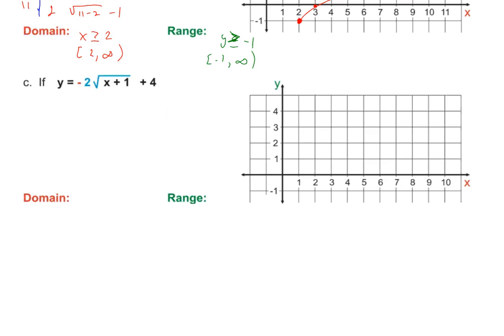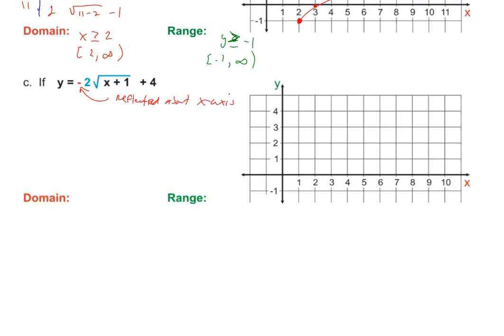All right, so let's look at the next one. Now we got a couple different things. We got a 2 in front, but not only a 2 in front, we got a negative in front as well. So what does the negative do? Reflected about which axis? The x-axis. Reflected about x-axis.